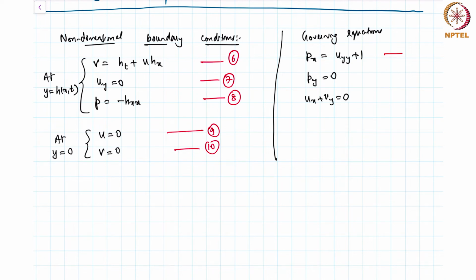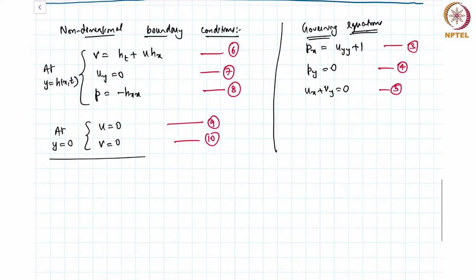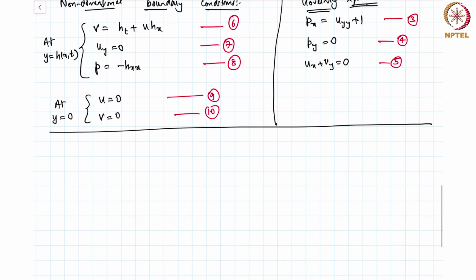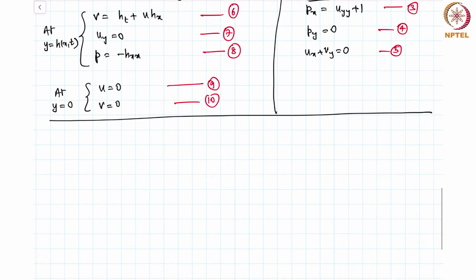So this was originally the labels 3, 4 and 5. So 3, 4, 5 essentially becomes the governing equations. 6 to 10 becomes our boundary conditions, right? So let's derive an evolution equation for the height. So we'll do the following.